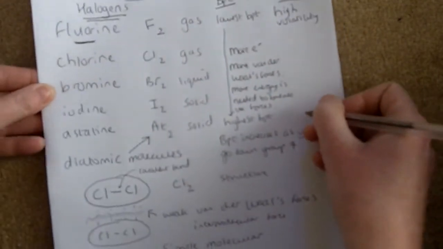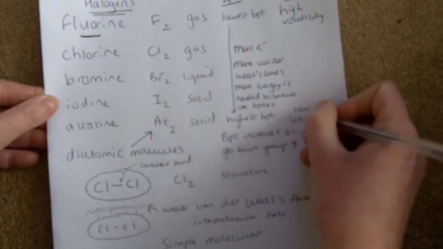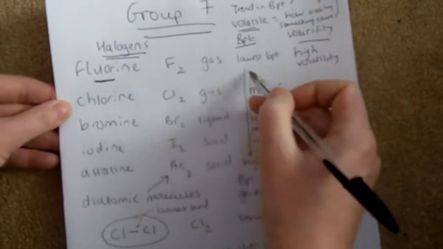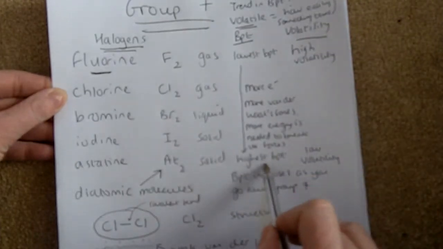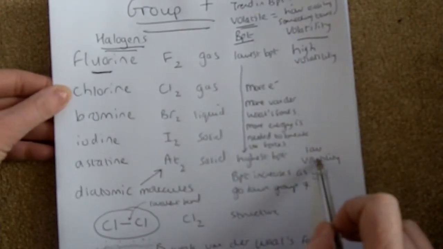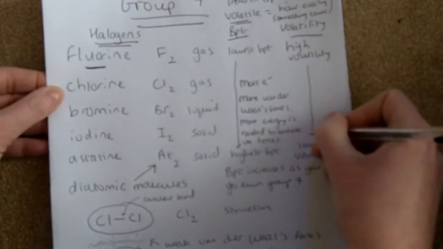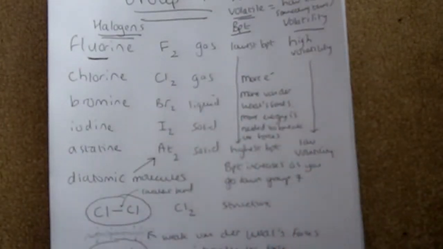Something with a high boiling point will have a low volatility. So these are like opposites of each other. Low boiling point turns into a gas easily. High boiling point doesn't turn into a gas easily. So the volatility decreases, but the explanation is all related to the same explanation.